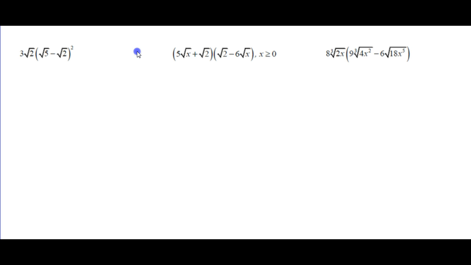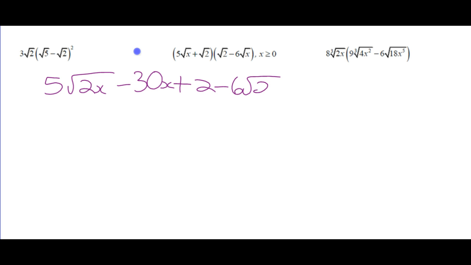5 root x times root 2 is what? 5 root 2x minus 30x, right? Root x times root x is x. Plus 2 minus 6 root 2x.